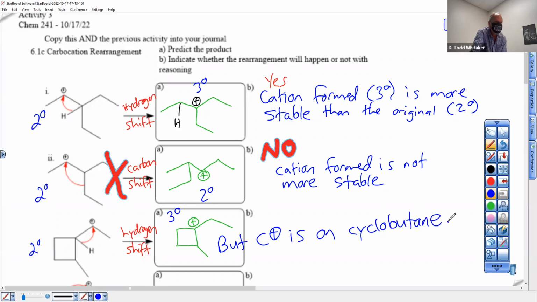Do you agree? When you're finished, it's on one of the carbons of cyclobutane. Angles in cyclobutane. You guys remember this from grade school. What's the angles inside of a square? Say it again. 90 degrees.